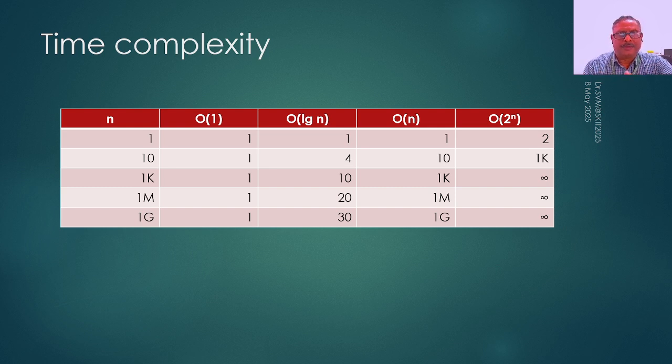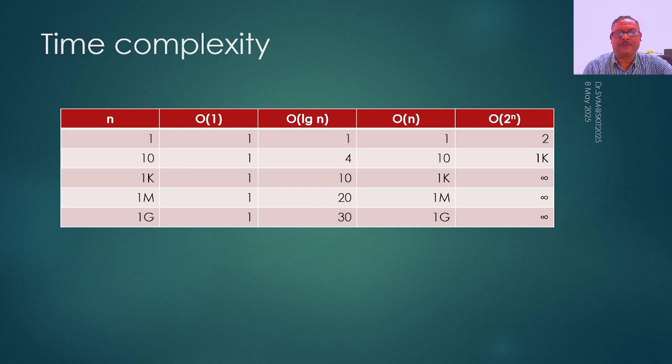Now, what happens is if there are, say, 1,000 data in our input, and it takes, for example, 10 units of time. Instead of 1,000, if we make it 1 million data, then with 1,000 it was working in 10 units of time, and now with 1 million, it works in 20 units of time.